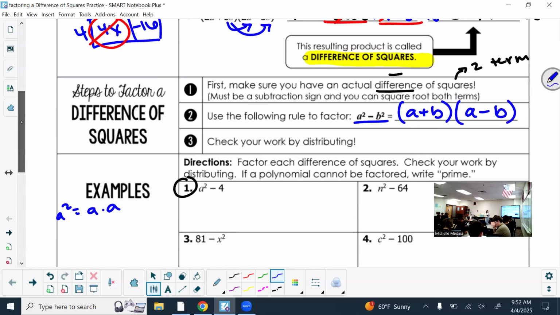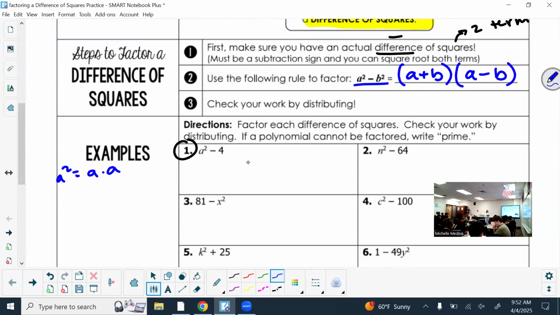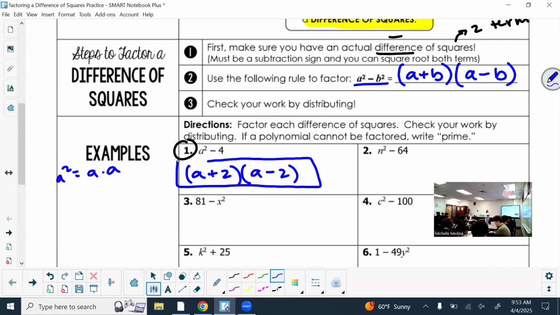So if you have a difference of squares, which we established number 1 is, the factor form will be this: a plus 2 times a minus 2. Those being my square roots.